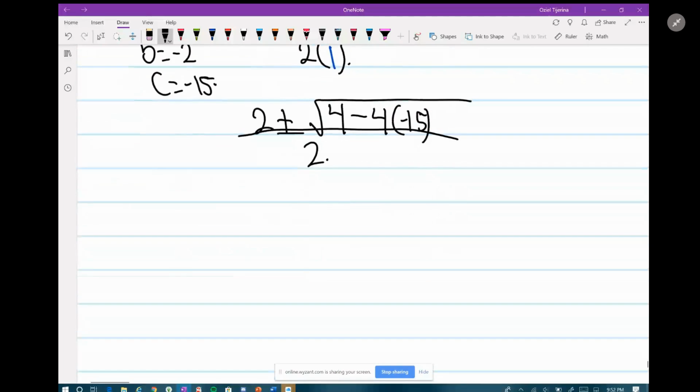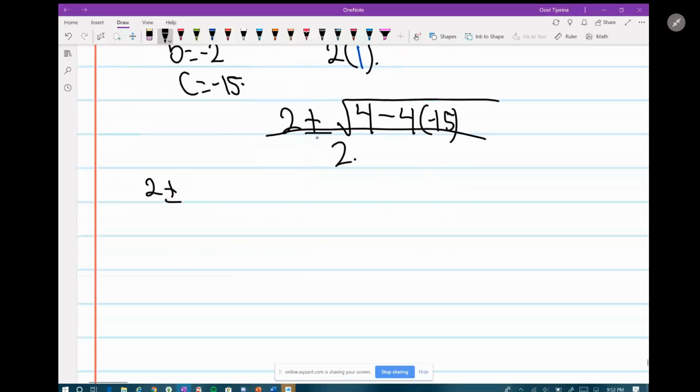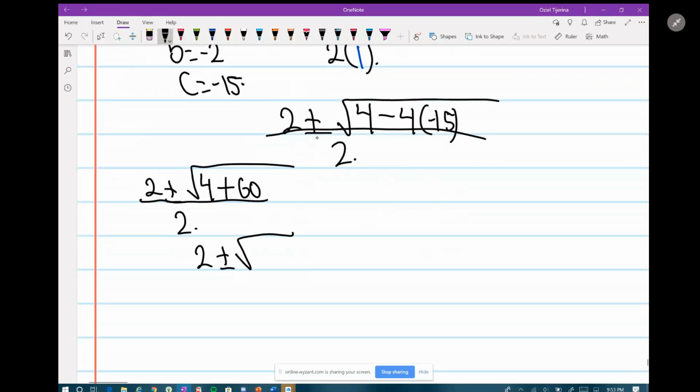So then we have 2 plus or minus the square root of 4 minus, and then it's going to be positive because a negative times a negative is a positive. So we have plus 15 times 4, which is 60. Then we have 2 plus or minus the square root of 4 plus 60, all over 2. Simplifying even more, 2 plus or minus the square root of 64, all over 2.